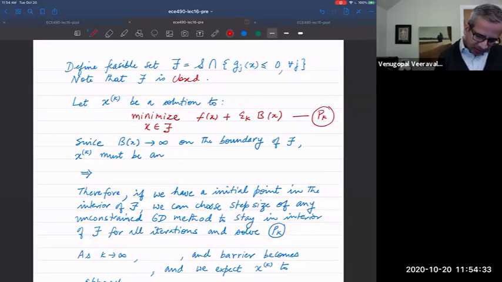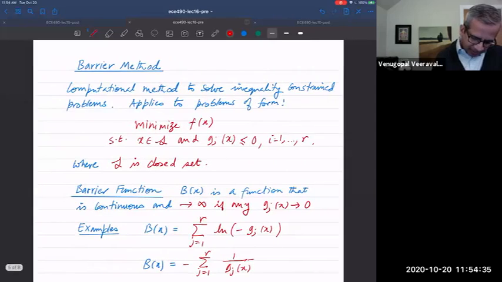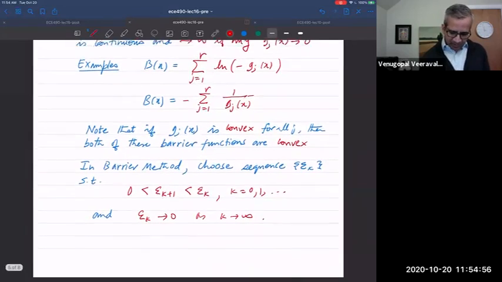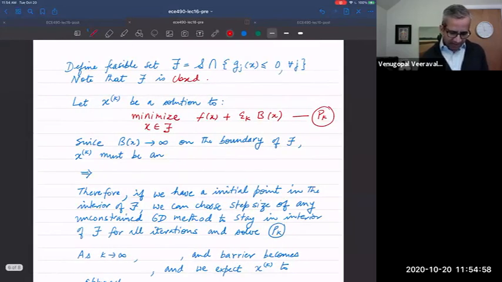The original problem without these things, did I give it a name? I should have called this P. And this one is called Pk.